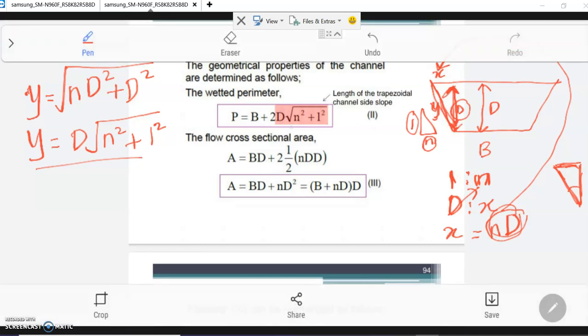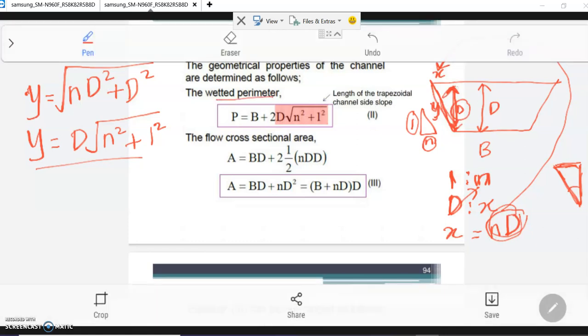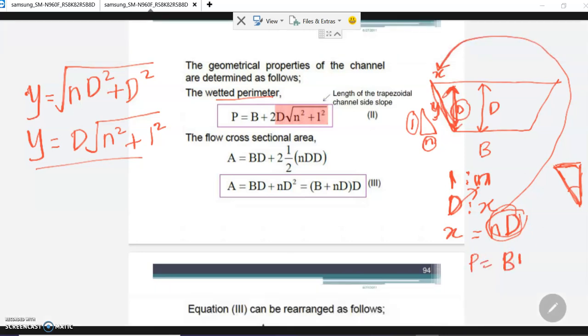So put into the formula P, weighted parameter. To calculate the weighted parameter is what? P is B plus this is Y and this is Y. So that means P plus 2Y.